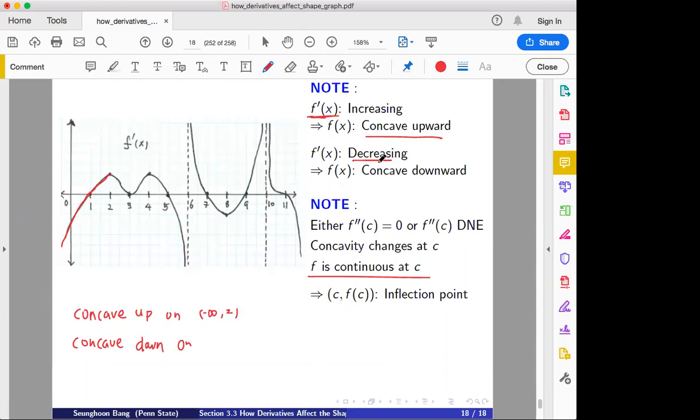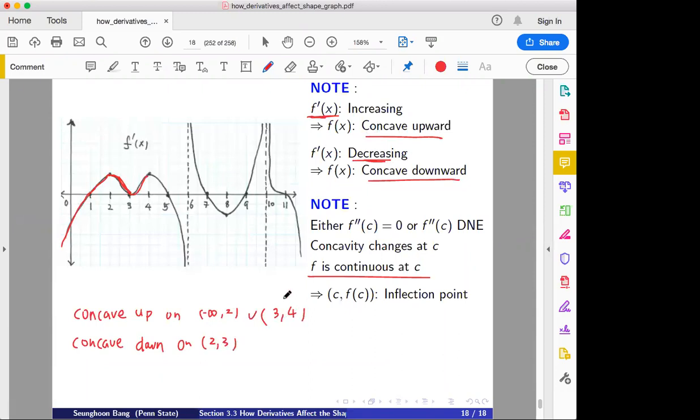Here, decreasing, concave down. From 2 to 3, the graph is decreasing, concave downward. Then 3 to 4, increasing again, concave up.